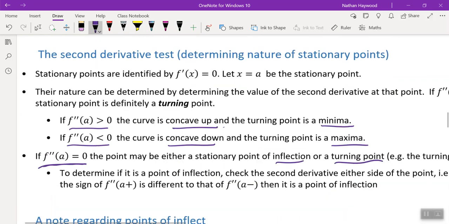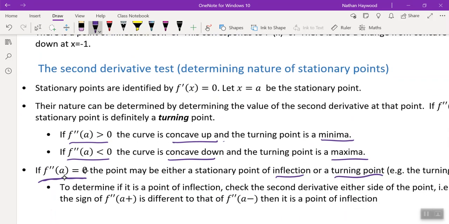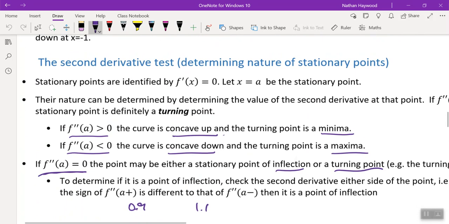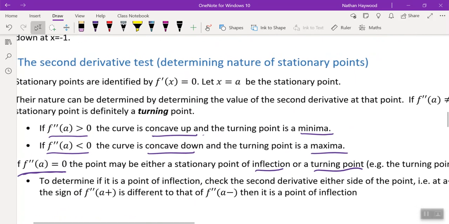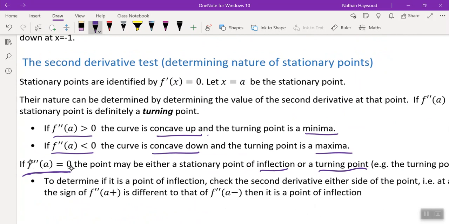So if a was equal to 1, say I subbed in 1, you would sub in like 0.9 and 1.1. So it's kind of either side of the a value if a was equal to 1. Does that make sense? So that's only if this happens to equal 0.